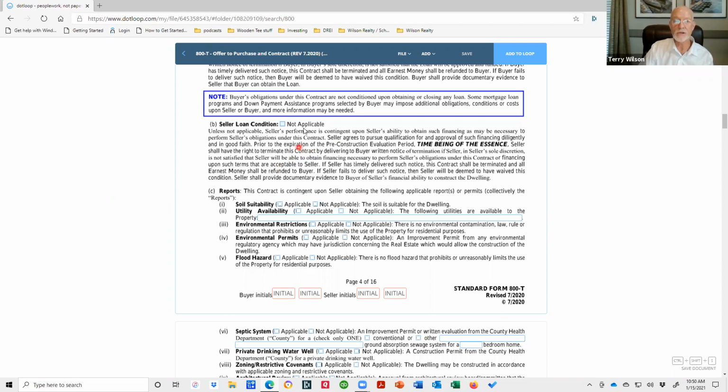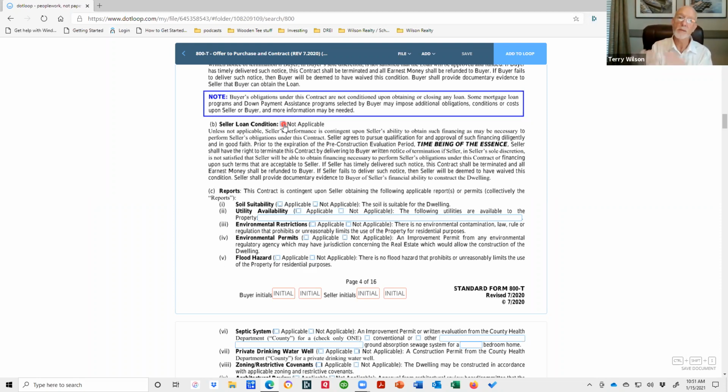And if that's the case, then you would check not applicable because the builder's got the funds. They need to provide proof. They need a bank letter that says, I've got $400,000 sitting in my savings account. That's what I'm going to use to build the house. Cool. But if the builder doesn't have that money, then they must provide proof that they can get the loan that the builder needs to be able to build the house.